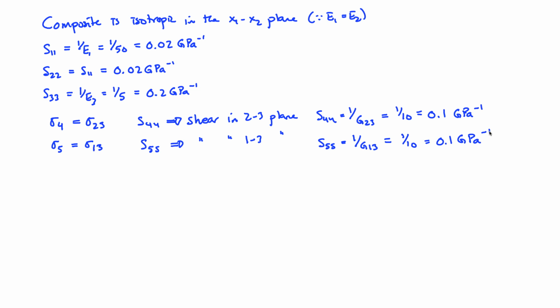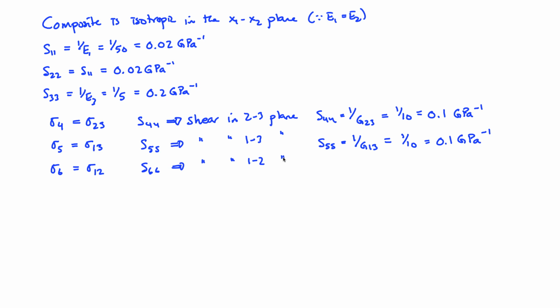Then finally, if we look at the last shear modulus, the stress would be sigma 6 equal to sigma 1, 2. So the 6 plus the 1 plus the 2 add up to 9. So S66 corresponds to shearing in the 1, 2 plane.